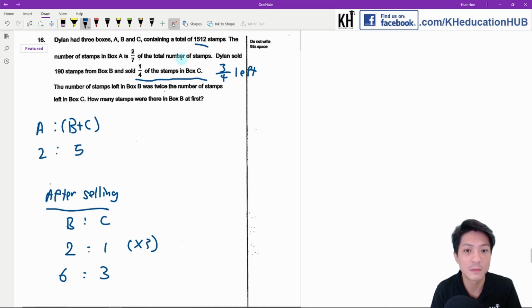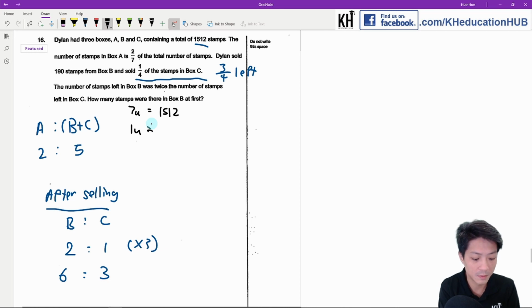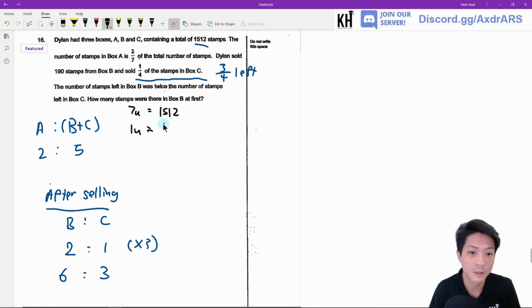Now, the next thing that I can work out is the actual number of stamps in A is to B plus C first. So I'm gonna let 7 units be equal to 1512. Find out what is 1 unit: 216, and find out what is 2 units and 5 units.